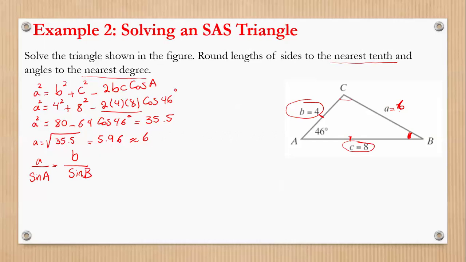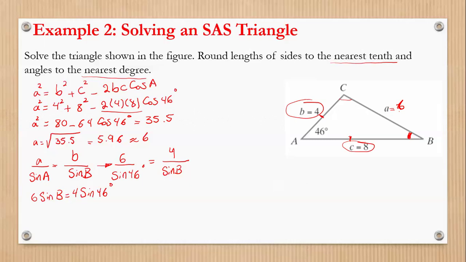So if you replace numbers, A is 6, angle A is 46, B is 4, and I don't know angle B because I want to find it. Do the cross multiplying, 6 times sine B should be equal to 4 times sine 46.